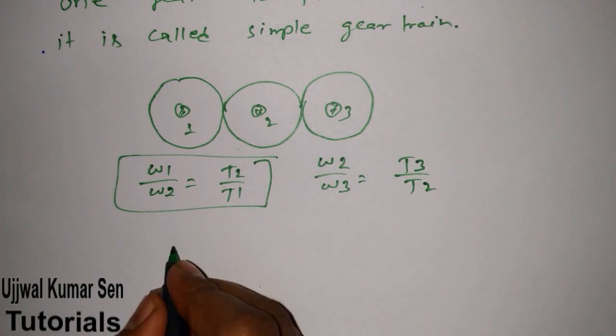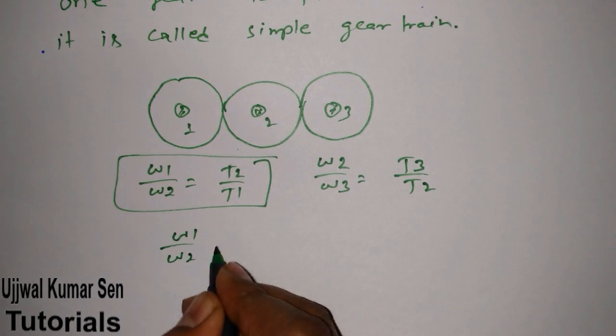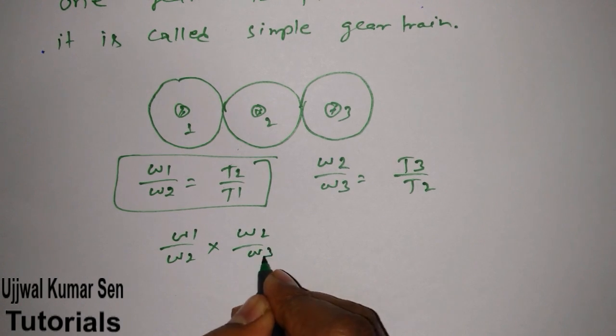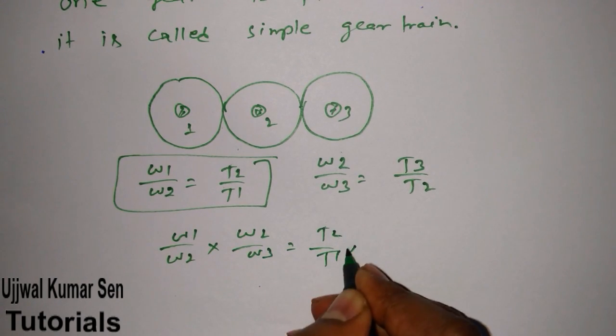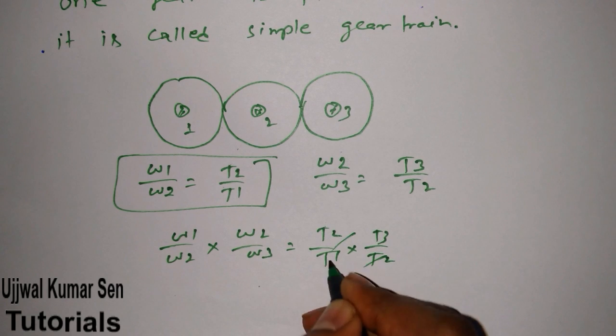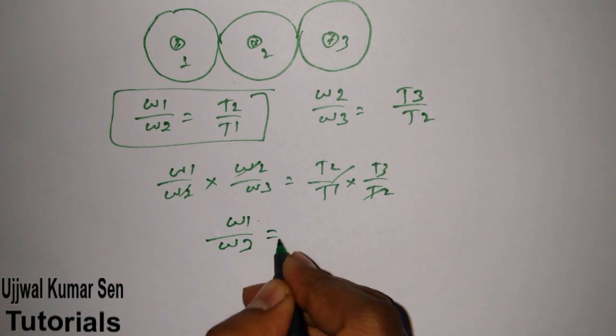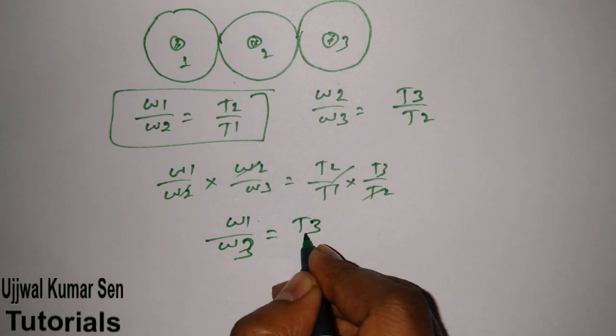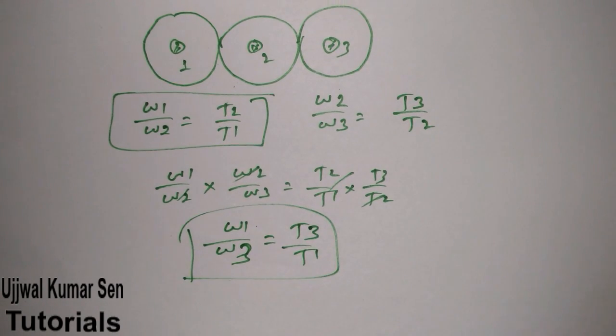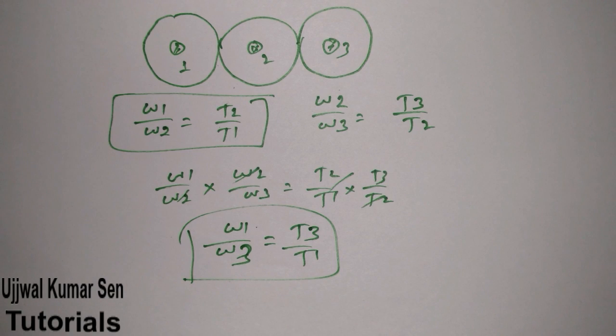Now let's multiply these: omega 1 by omega 2 multiplied by omega 2 by omega 3 is equal to T2 by T1 multiplied by T3 by T2. So this one gets cancelled, this one gets cancelled. What we get is omega 1 by omega 3 is equal to T3 by T1. This is the relation we got for a simple gear train.